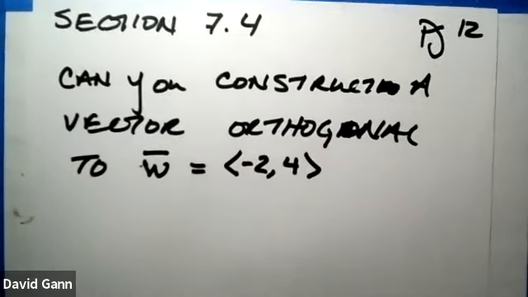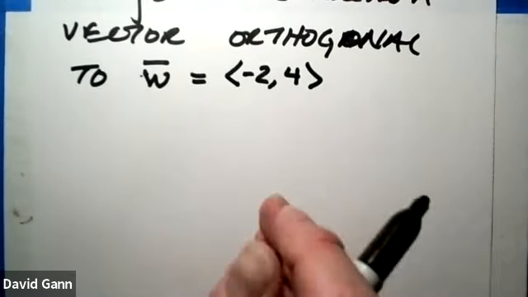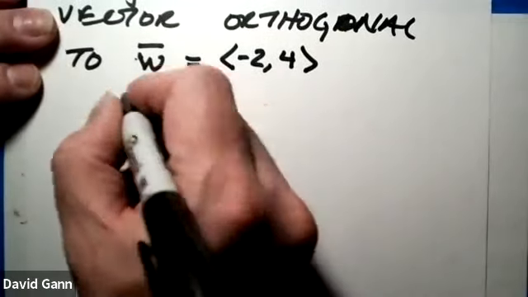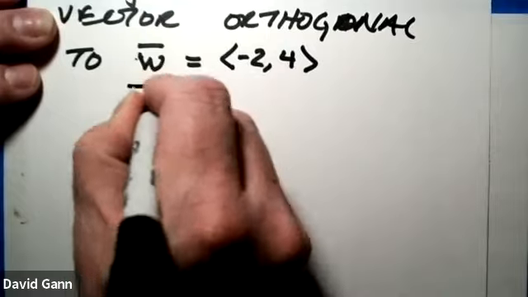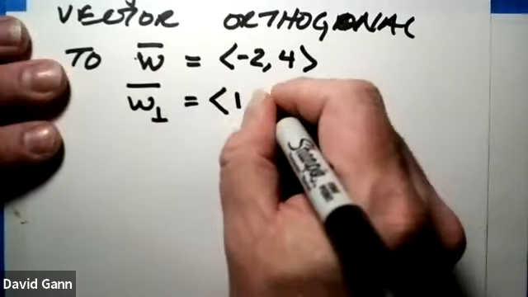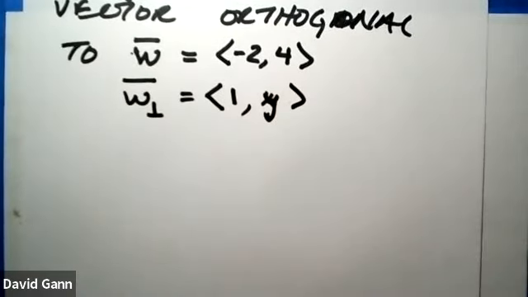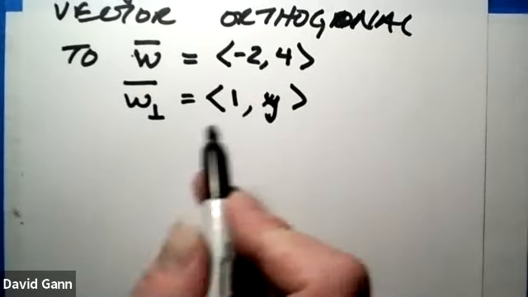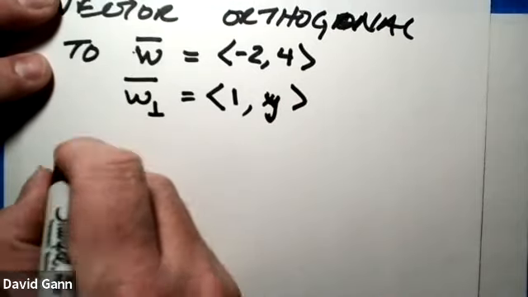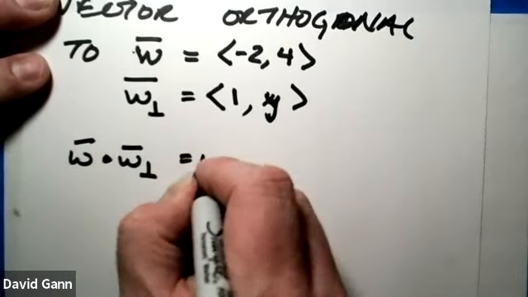Well, it's pretty easy to do this because all we'd have to do is pick a coordinate and say, all right, let's just suppose the x component is 1, and then we just have to figure out what the y component is. So we could write an equation. If it's orthogonal, then W dot W orthogonal equals 0.